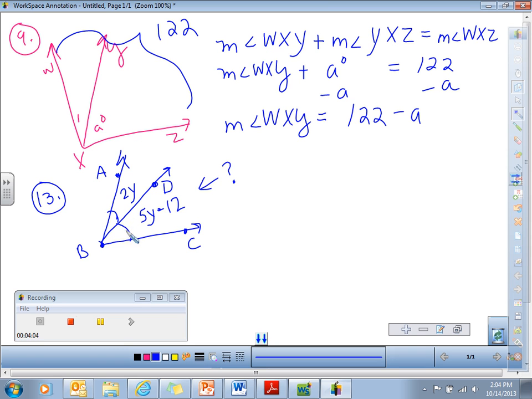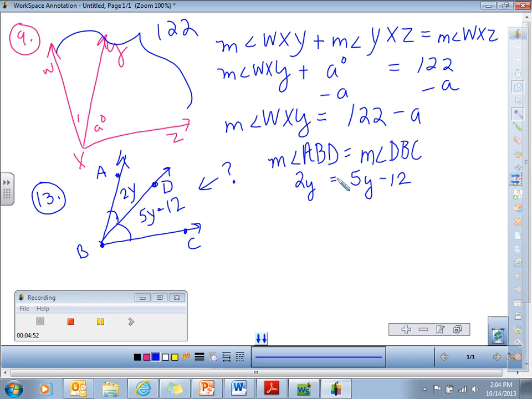So it cuts evenly in half. So we know that the measure of angle ABD is equal to the measure of angle DBC. Those two angles are equal, so we can now say 2y is equal to 5y minus 12. Does that make sense?